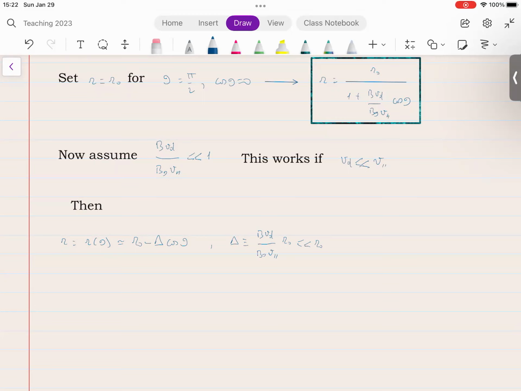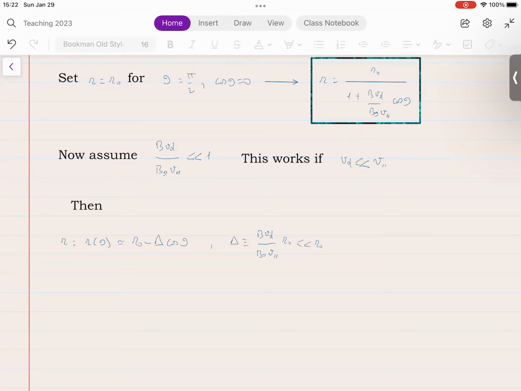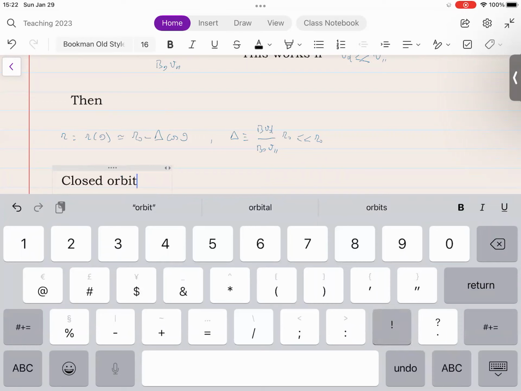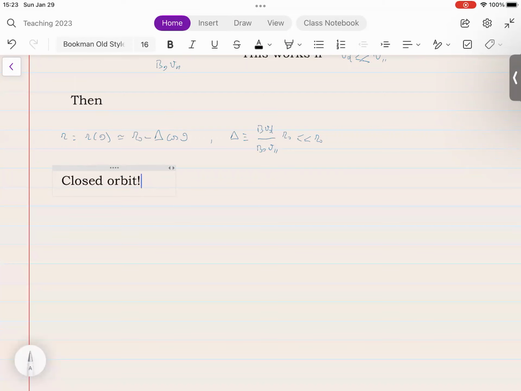Now, what have we found here is that, well, first of all, this is a closed orbit. That's great. There is a drift, but that drift doesn't get my particle to just move away in some direction, keep going and escape the confinement that I was trying to achieve.